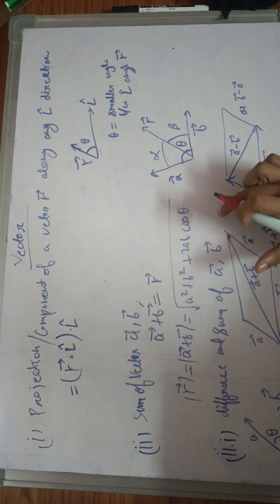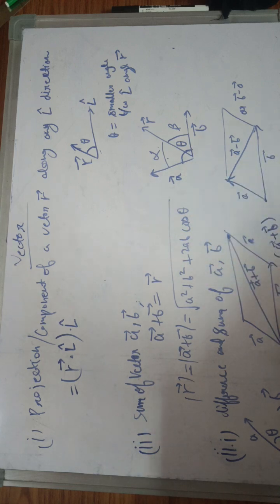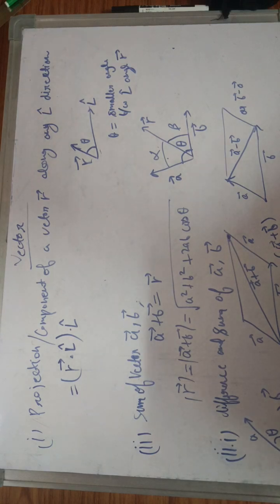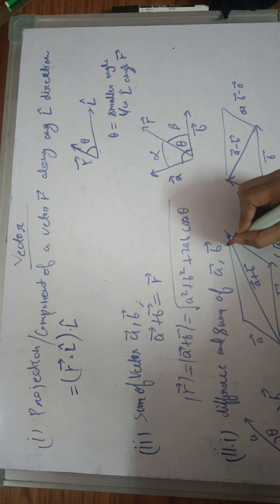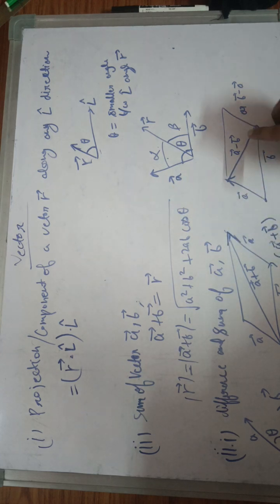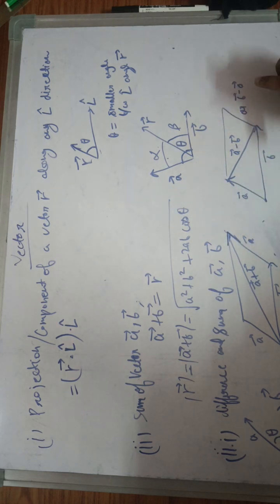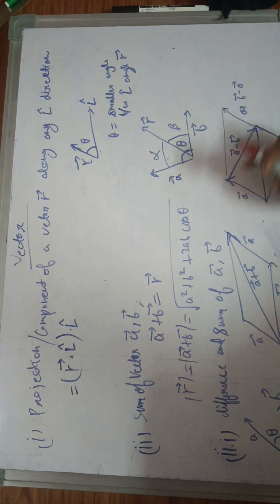This means the vector can be pointing in this direction or in this direction, depending on what we want. The sum of these two vectors, the diagonal, will be pointing in this direction, while the difference can be A minus B or B minus A. If it is B minus A, then we will take B minus A in the opposite direction and add, and this vector pointing from this to this direction will be B minus A vector.